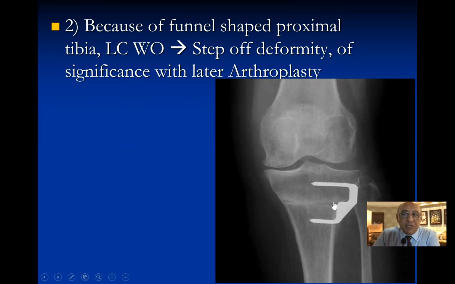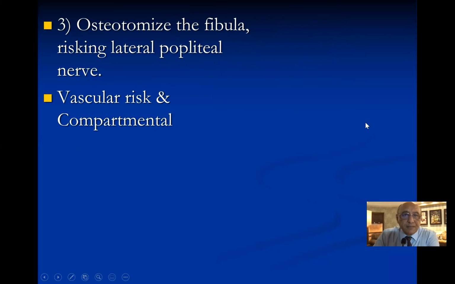And because of the funnel-shaped proximal tibia, lateral closing wedge osteotomy led to a step deformity, which is of significance during later arthroplasty, where the offset of the joint is not in the center of the tibia.